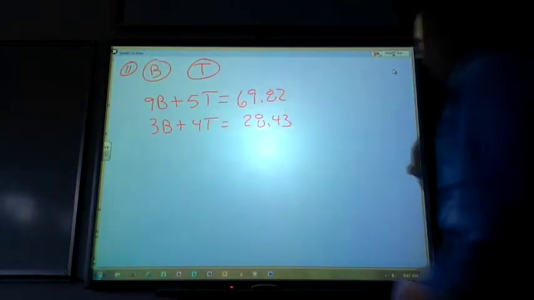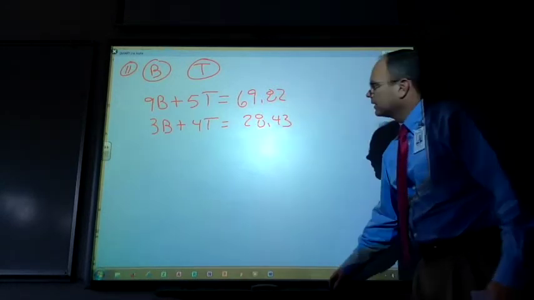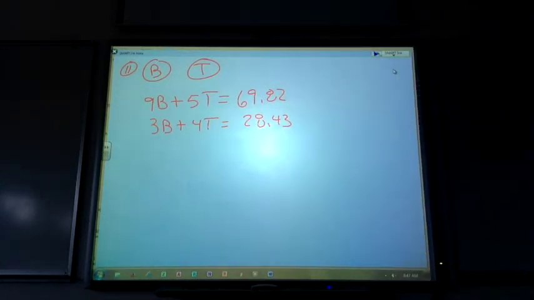Would you feel right now that it would be easier to get rid of B or T? One of the choices would be you can multiply one of the equations entirely by -3, or if you pick the other one, you'd have to multiply by 4 and 5 respectively. One of them would have to be negative.